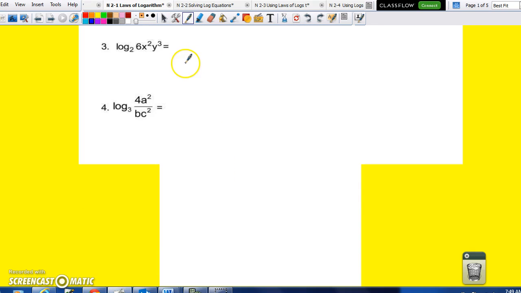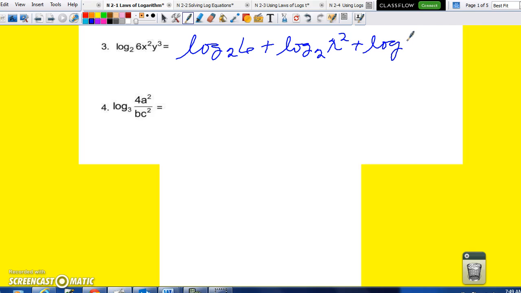Because I have log base 2 of 6 times x to the second power, y to the third power, I know at some point I'm going to have to deal with my powers. But first I'm going to deal with my logs, or my multiplication. So I really have log base 2 of 6 plus log base 2 of x squared plus log base 2 of y cubed.